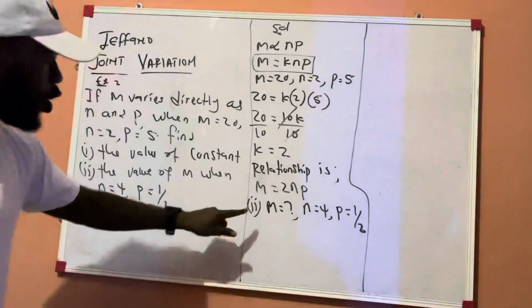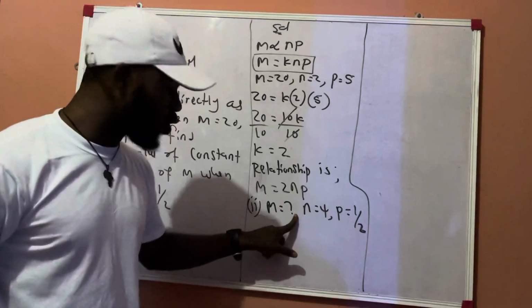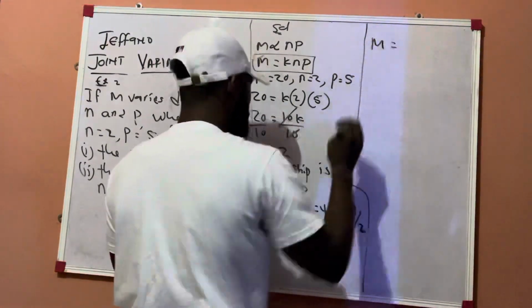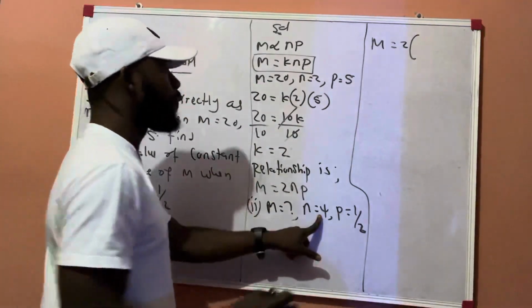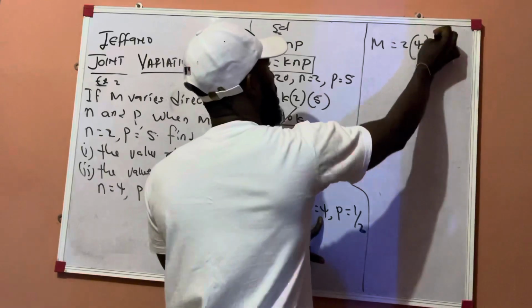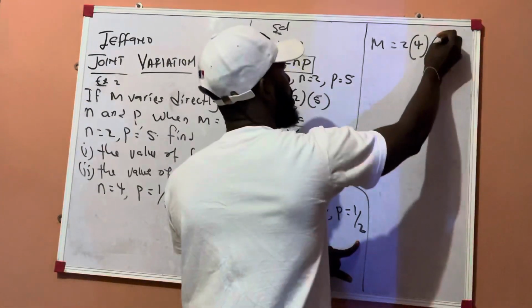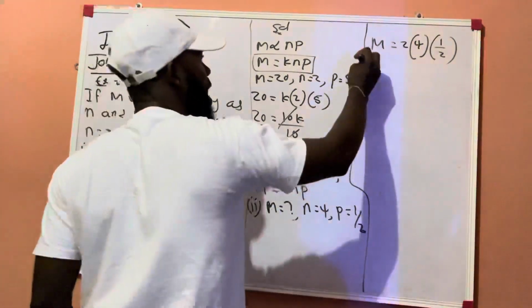Now, without wasting time, we have this. Using the relationship, anywhere I see M, I will give M because I don't know the value of M. Now, here becomes M is equal to 2 bracket, N now is 4. Another bracket, now this is P. P is 1/2. Now, opening the bracket, we have this.